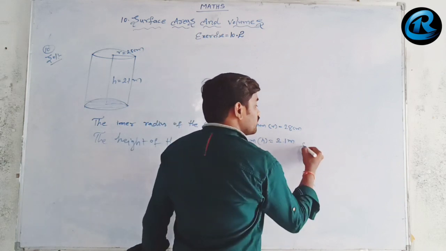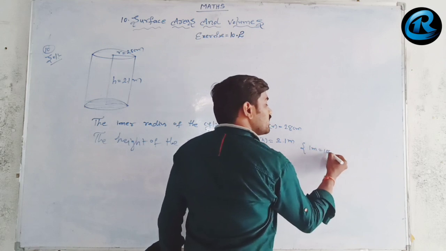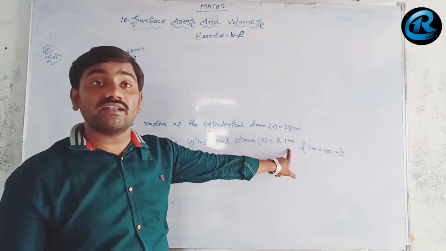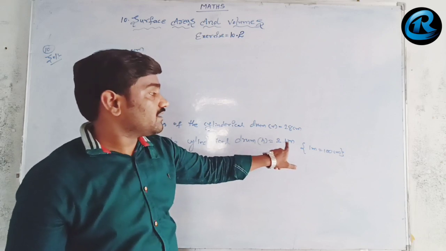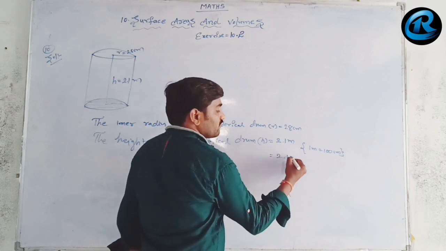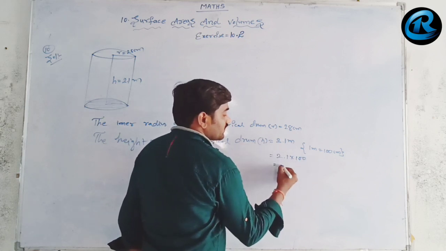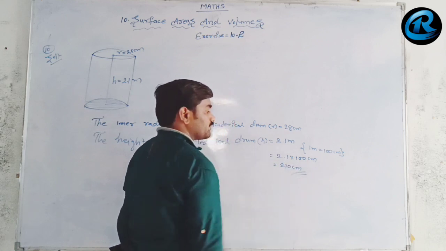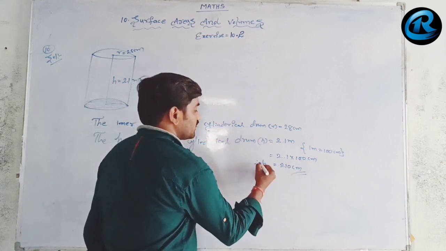As we know, 1 meter equals 100 centimeters. So 2.1 into 100 will give us 210 centimeters. So h equals 210 centimeters.